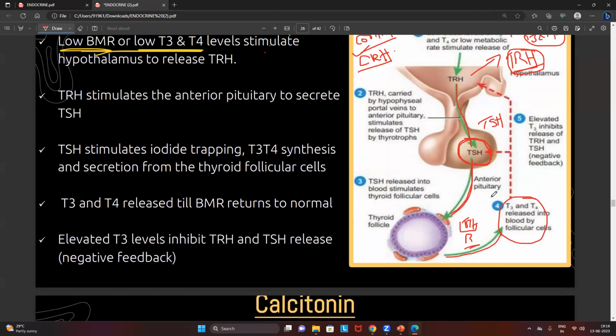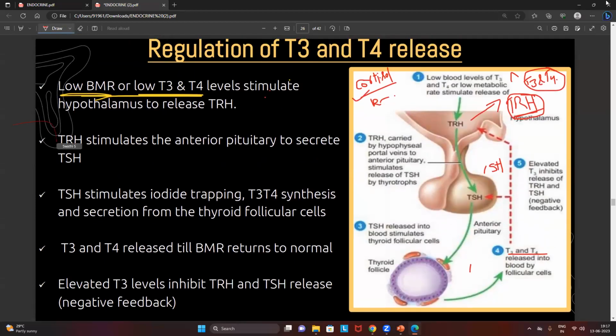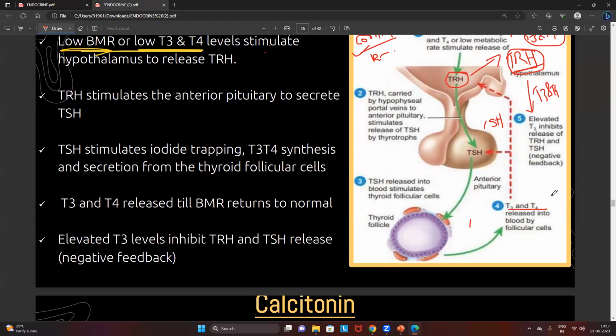In later slides, we will study the BMR. BMR levels come to normal, and T3 and T4 levels also become normal. You have to understand the point: we stimulated TRH because T3 and T4 levels were less than normal. Now T3 and T4 are released into the blood and their levels are balanced.